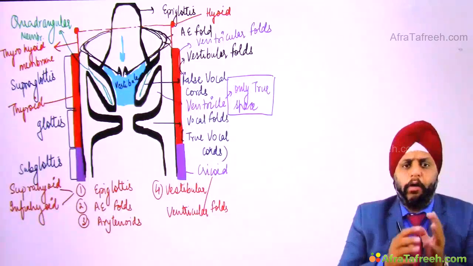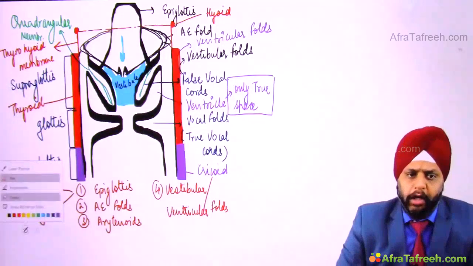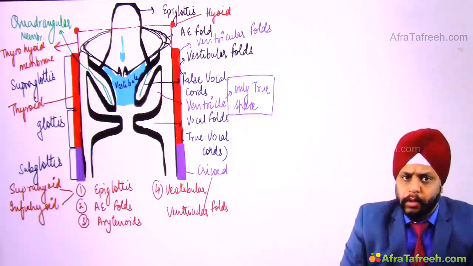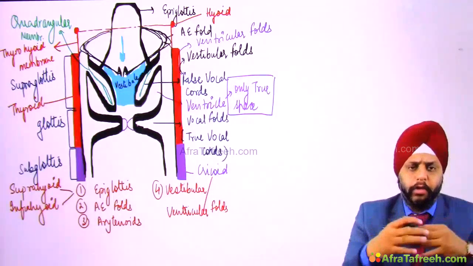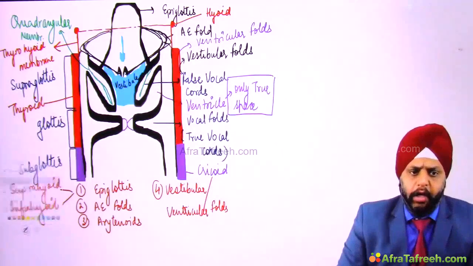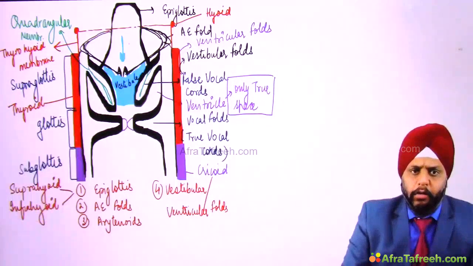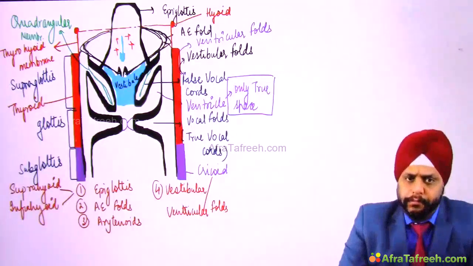So he generates a lot of positive pressure in the pharynx. To generate this positive pressure, what will he do? He'll first close the glottis so that the pressure does not leak into the lungs. He'll make the vocal folds come together, and he'll generate a lot of positive pressure over here in the pharynx, and then he'll blow the musical instrument.